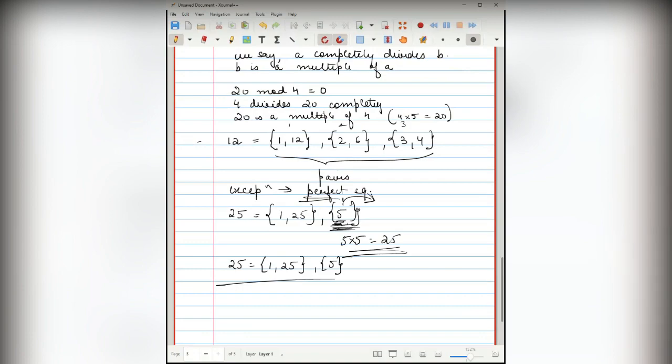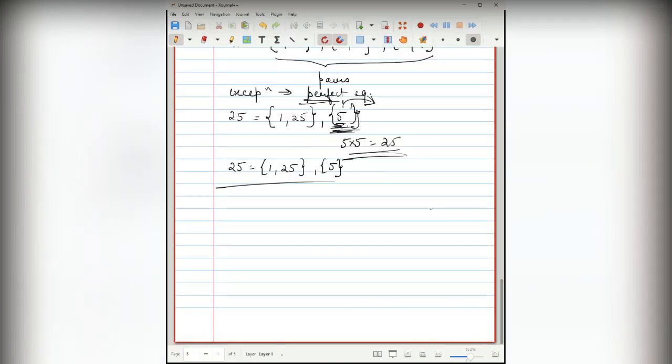Good. Okay, understood. So the next topic is prime numbers. A number is said to be a prime number if it has only two factors.